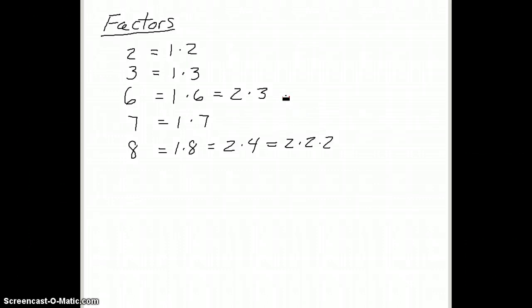So right away we see that these are a little bit different than the others. Or perhaps we should say that the 2, the 3, and the 7 are different than the 6 and the 8. 6 and 8 can be written in a variety of forms, while for 2, 3, and 7, my only option is to multiply the number itself times 1.